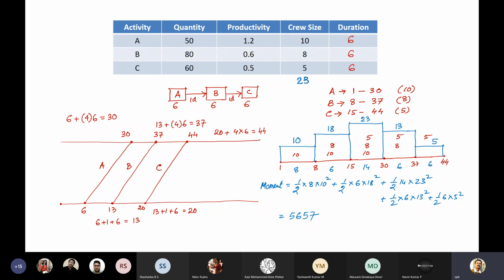But my target was to give you an understanding of the total project duration with the stipulated manpower of 23. That is clear here, that with an almost uniform time duration, you can achieve that.